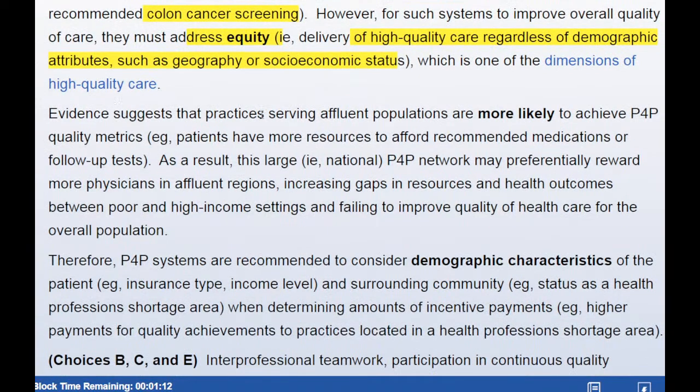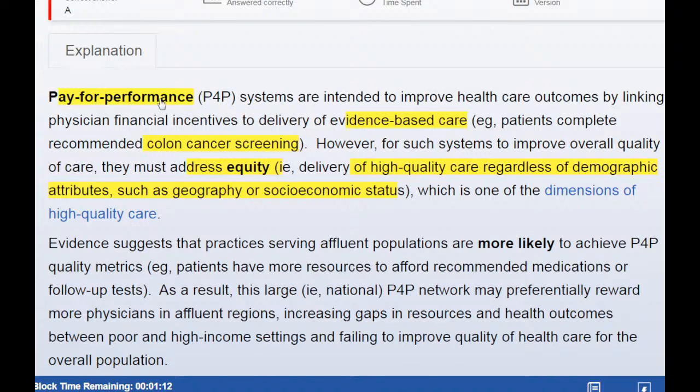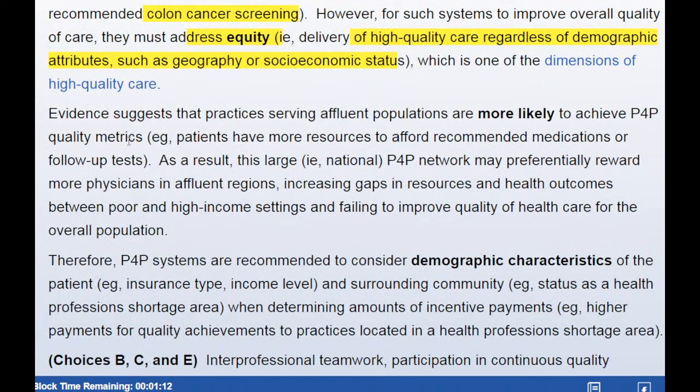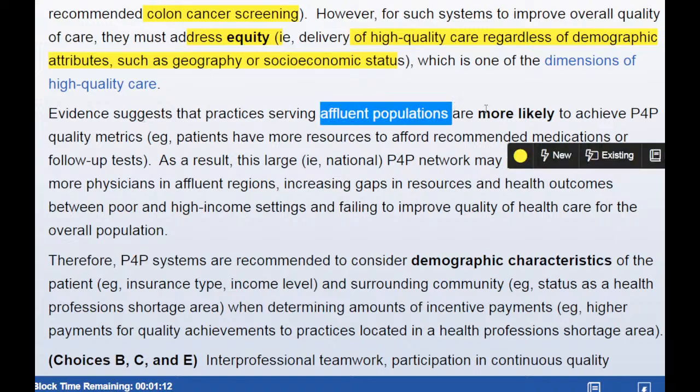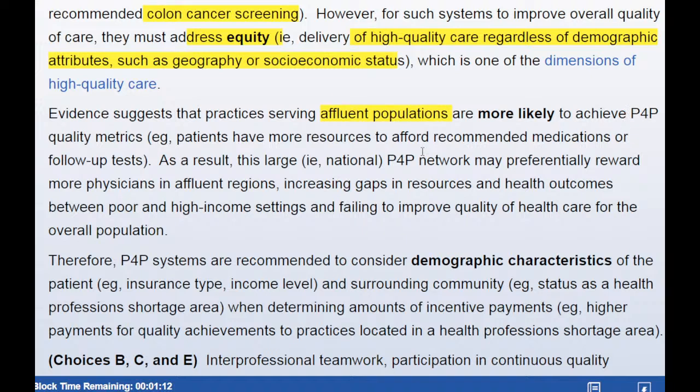Evidence suggests that practices serving affluent populations are more likely to achieve pay for performance.